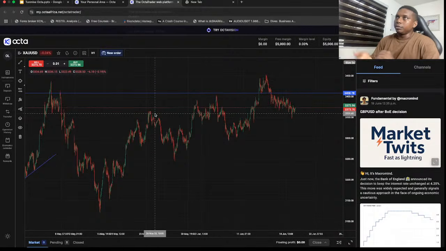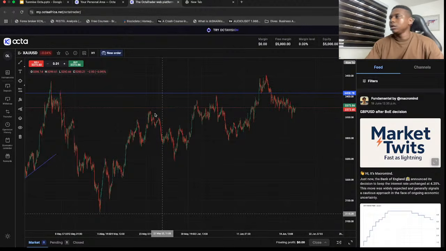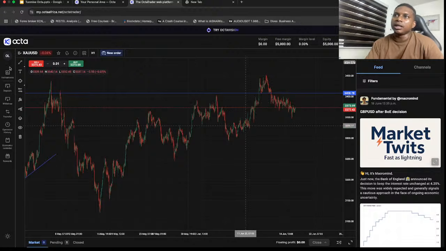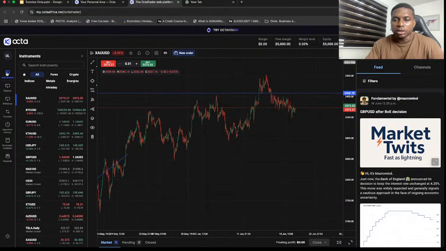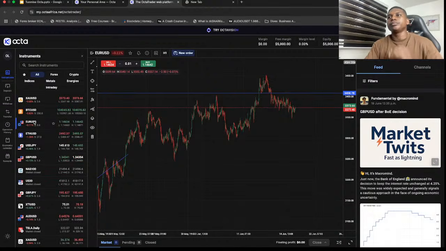So here is our Octa trader platform, on which we would be carrying out some analysis. So let's check out other instruments like EURUSD, USDJPY, amongst others. Okay, so let's go for EURUSD.